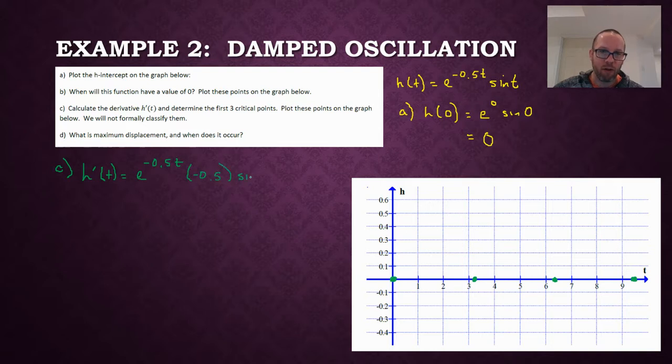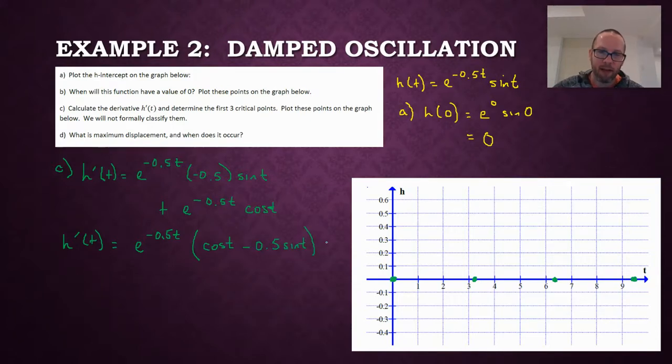Leave the second function alone, sine t, plus we leave the first guy, e to the negative 0.5t, and differentiate the second, cosine t. When we factor out the exponential, we're left with, from the second guy, just cosine t, and from the first guy, negative 0.5 times sine t.